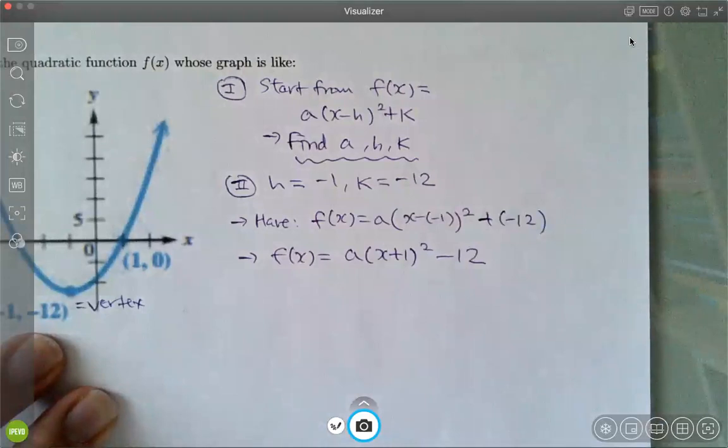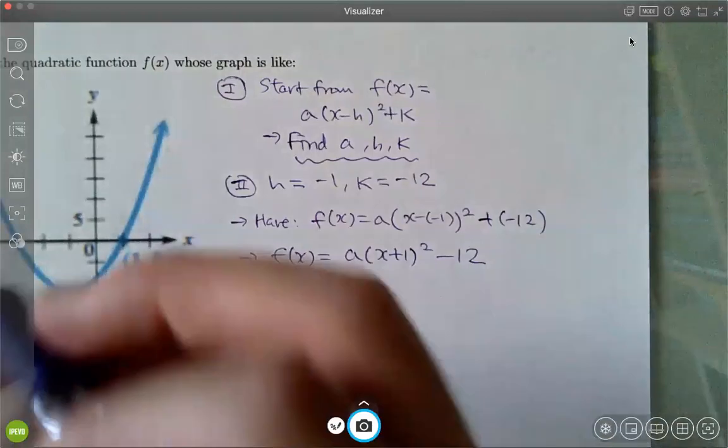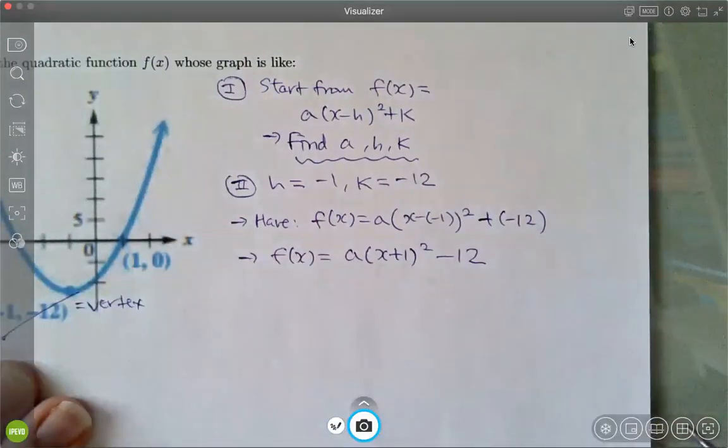Okay, so we have used this vertex, but we haven't used another thing here, (1, 0). We haven't used that yet.